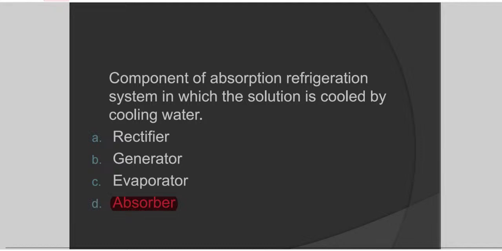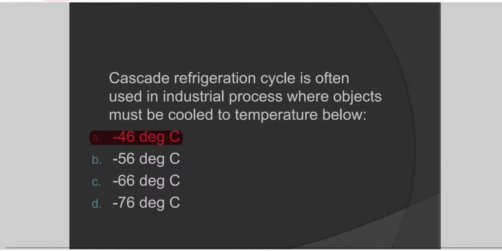C. Evaporator. D. Absorber. Cascade refrigeration cycle is often used in industrial process where objects must be cooled to temperature below A. -46 degrees C, B. -56 degrees C, C. -66 degrees C, D. -76 degrees Celsius.